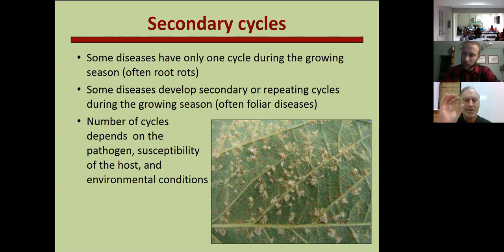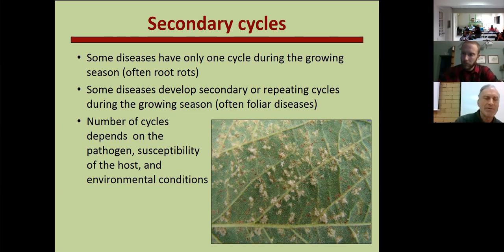So the fungus gets onto the plant, and it grows there, and it produces spores, and then those spores blow onto the next plant, and it grows there, and it produces spores, and it can do that repeatedly during the season. So you can have repeating cycles of disease.